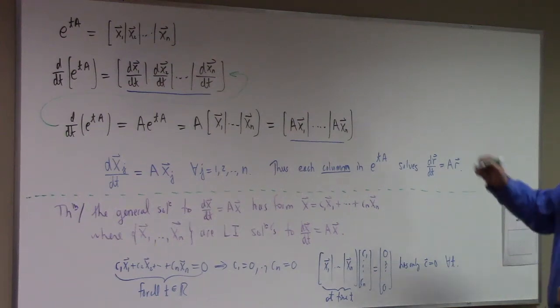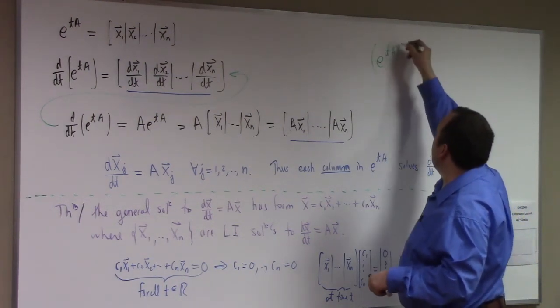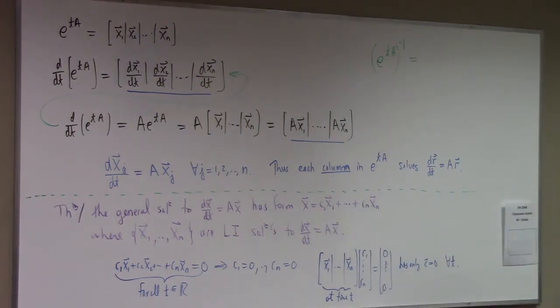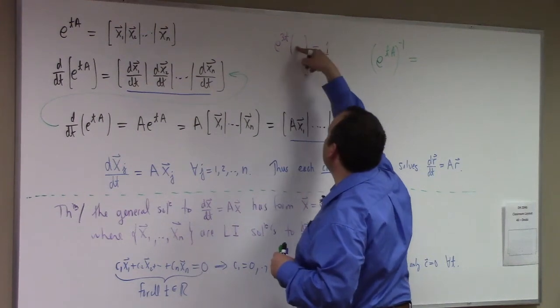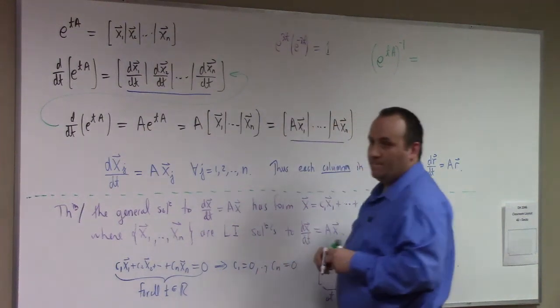Why? Can you tell me what the inverse of the matrix exponential is? Not natural log; it's easier than that. Not that kind of inverse. Here we're talking about matrix multiplication, not composition of functions. How about this: if I want e^(3t) times something equals 1, what do I put here? e^(-3t).